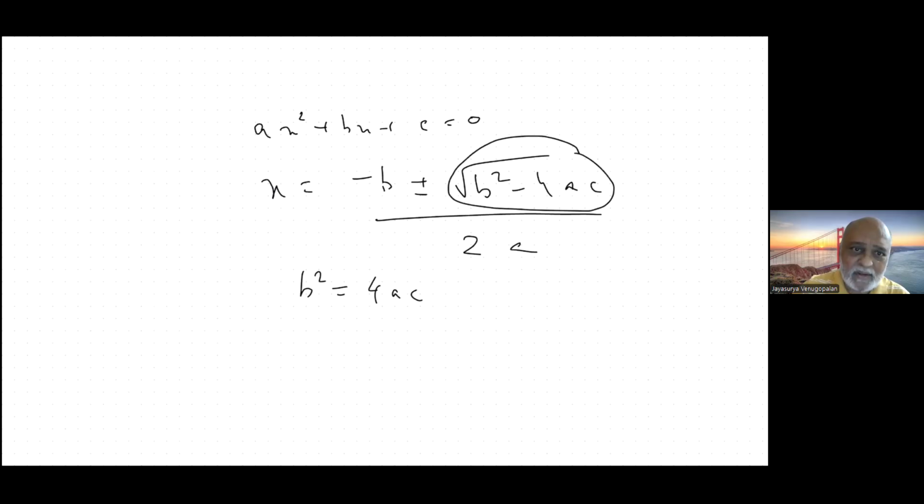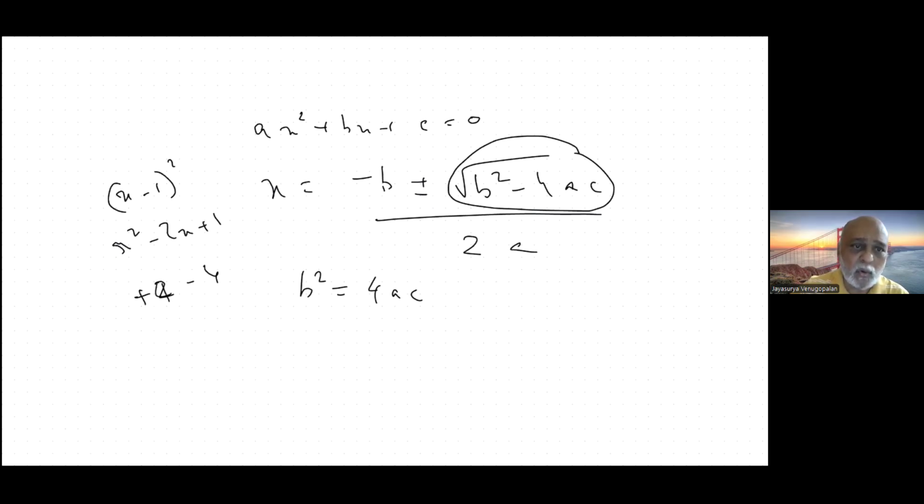So it will be just like your x minus 1 squared. If you take this x squared minus 2x plus 1, what is the value of b? B is minus 2. B squared is 4, and 4ac is 4 into 1 into 1, which is 4.